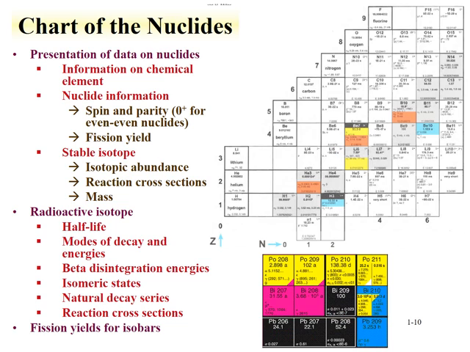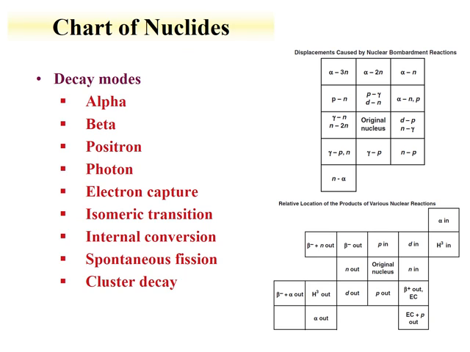But if we go over here, helium-4 doesn't have any data here. Any even nucleus, so even number of protons, even number of neutrons, has a 0+ spin and parity. And for simplicity, on the chart of the nuclides, they just do not list that. For radioactive isotopes, all this data can be listed, and we'll discuss that now.